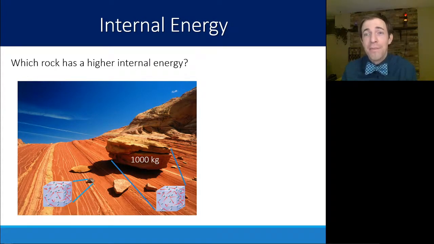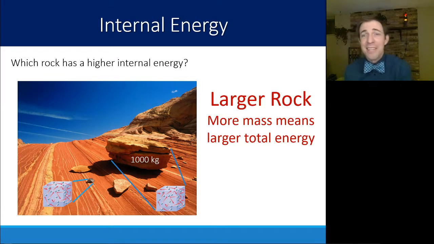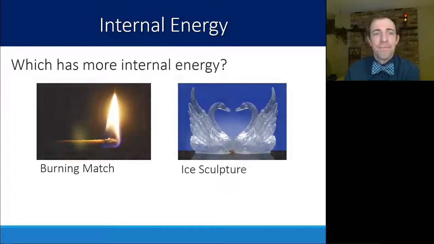You're adding it for every molecule that there is. So we say that the larger rock, in this case, has a higher internal energy because it's looking at the total energy now, not the average kinetic energy, the total kinetic energy. So more mass gives you a larger total energy.